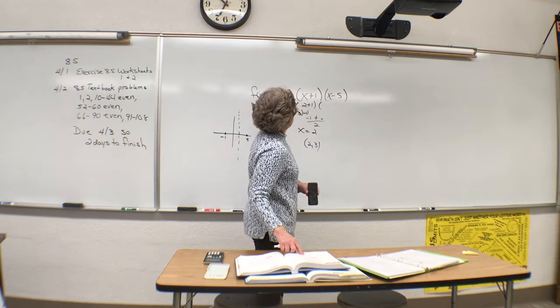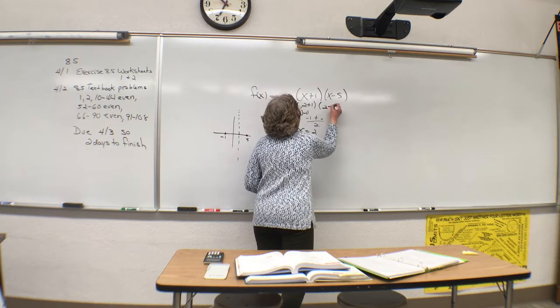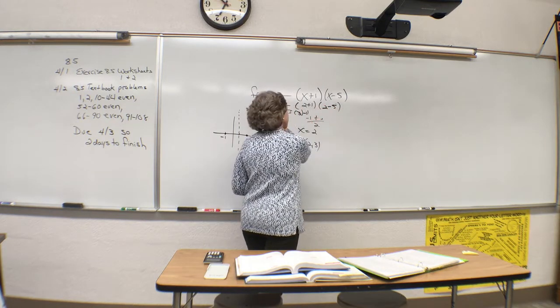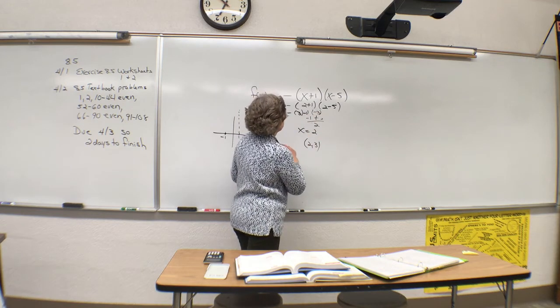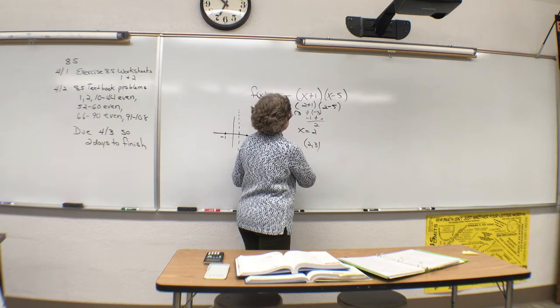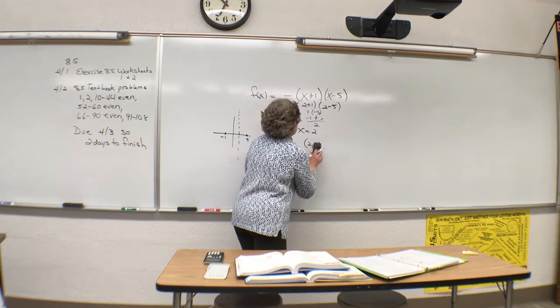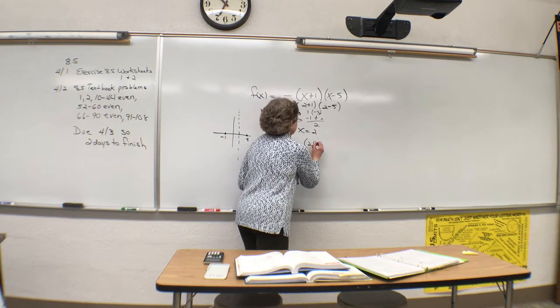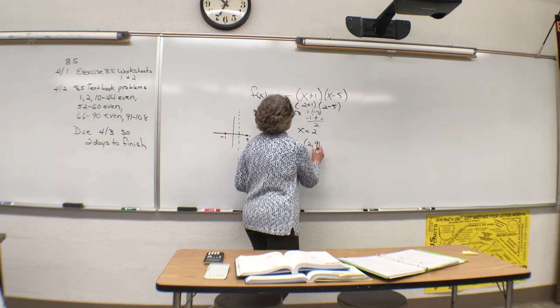I have 2 plus 1 and 2 minus 5. There we go. So I have negative 3 over here. I have 3 times 3, so positive 9.